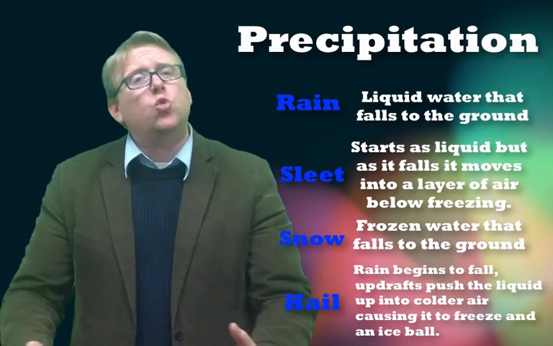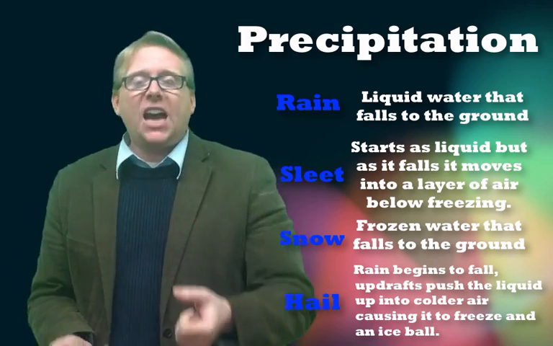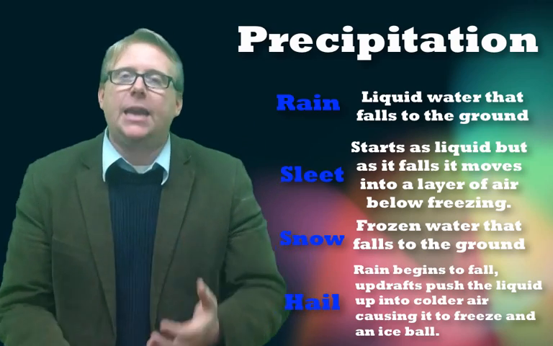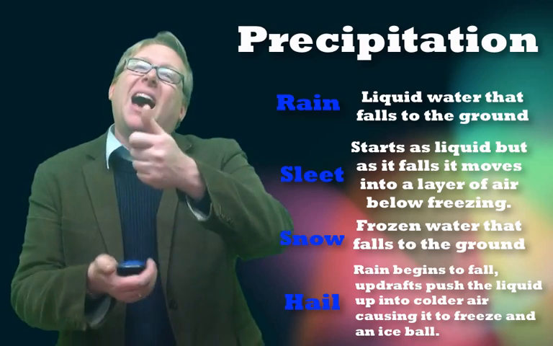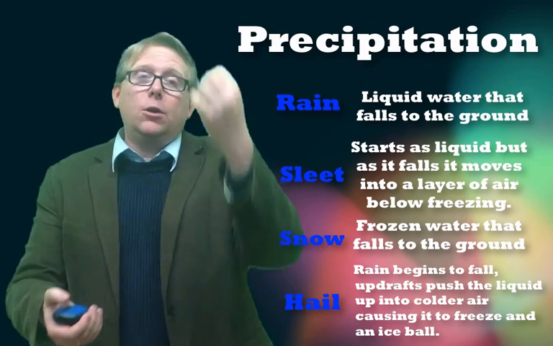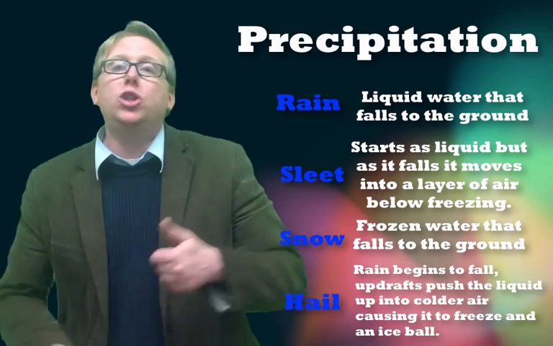When you have a really strong low pressure zone, the air is moving up fast enough that it can actually push rain droplets back up into the air. When it does that, it'll push a rain droplet back up high enough that it freezes. Once it freezes, it'll fall back down, but if it's a really strong low pressure, it'll get pushed up again.